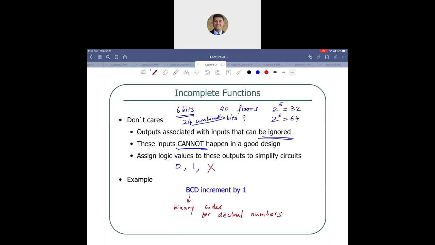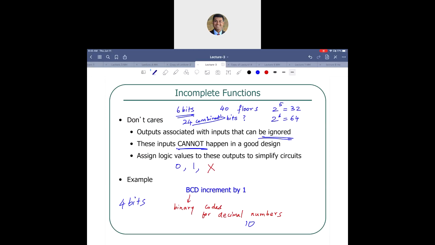How many decimal numbers or decimal symbols do we have? We have 10 symbols in decimal numbers, 0 through 9. So how many bits would you need to identify 10 different symbols? Well, you would need 4 bits to identify 10 different symbols.